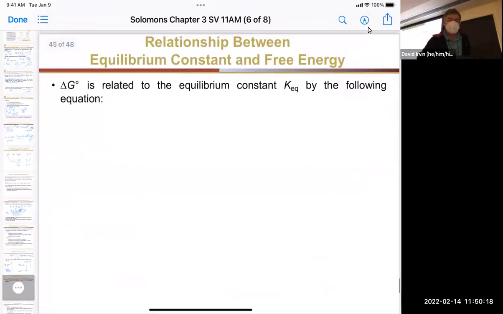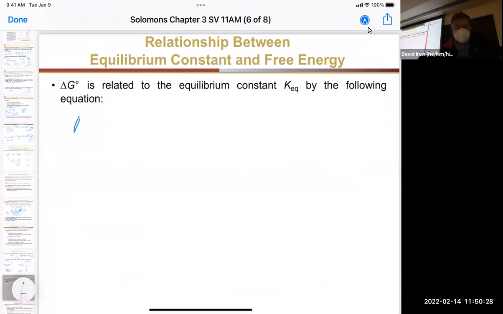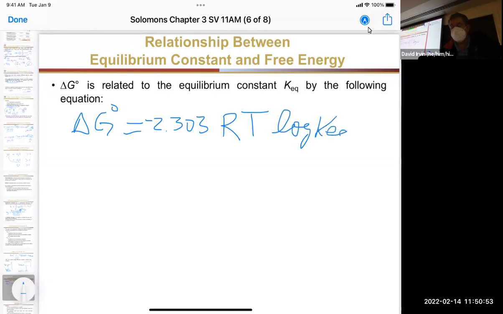We can actually take this energy and relate it to the equilibrium constant. That's why we wanted to measure the equilibrium constant, right? It turns out that delta G is equal to minus 2.303 times that constant times the temperature times log K eq.